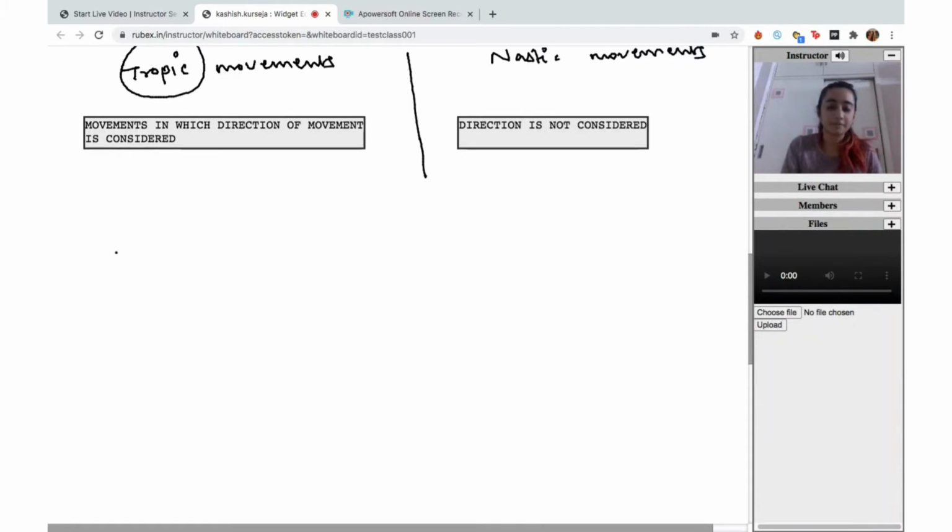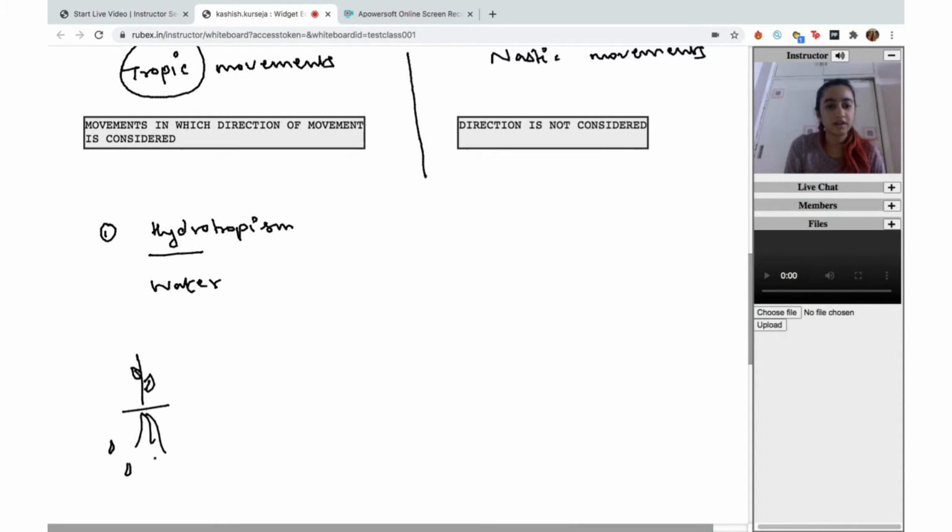Okay. So that is where it becomes a nastic movement, but we have to focus only on tropic movements for your syllabi. First, we will study movement in response to water. That is, we are going to study hydrotropism. Hydro means water. Simple plant, shoot system, root system. यहाँ है सारा पानी in the soil.